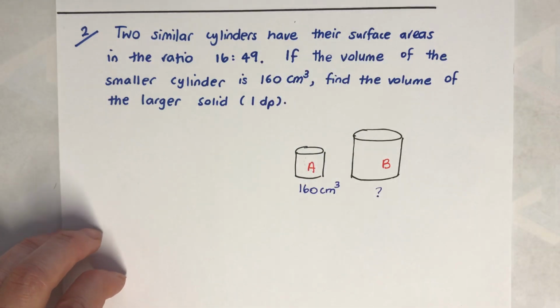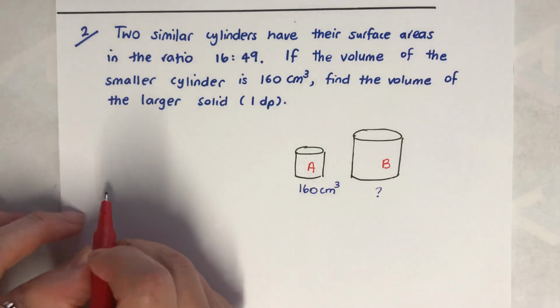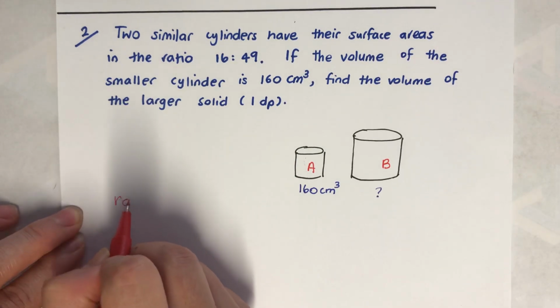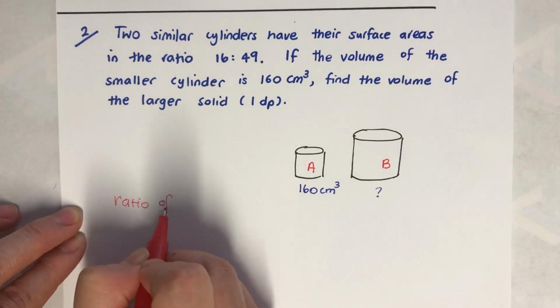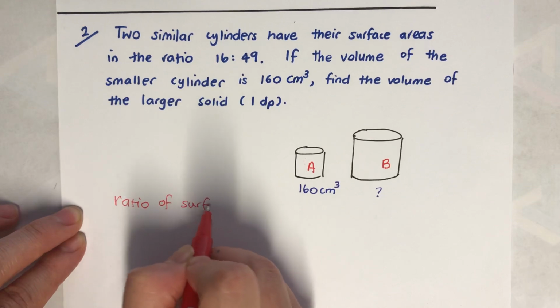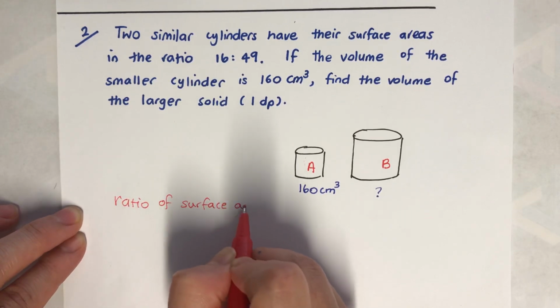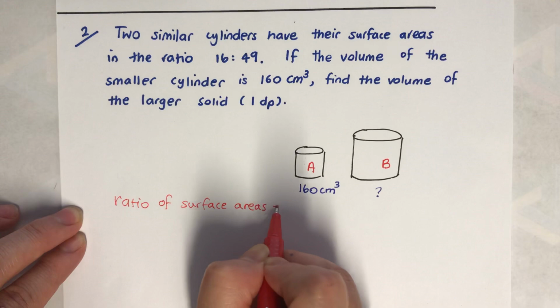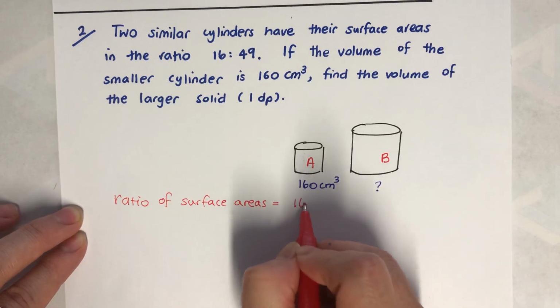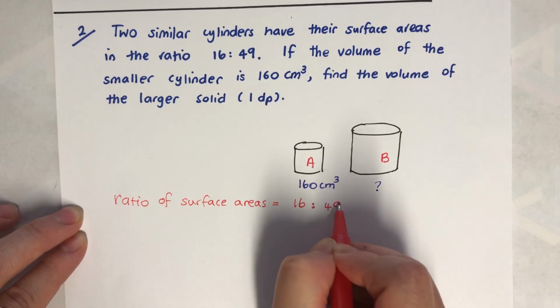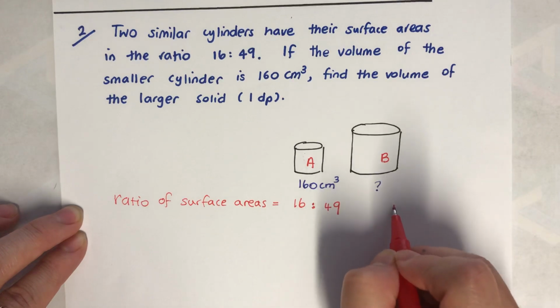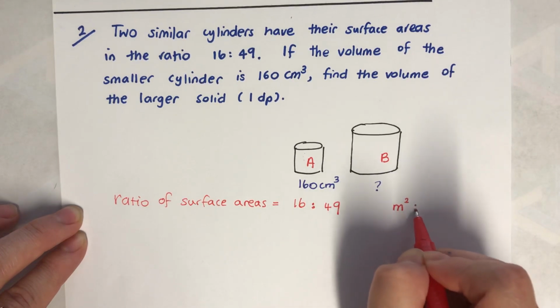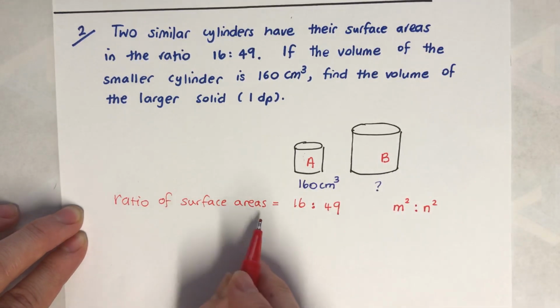All right, what else have we got? We have a surface area ratio of 16 to 49. That's supposed to be m squared to n squared because it's surface area.